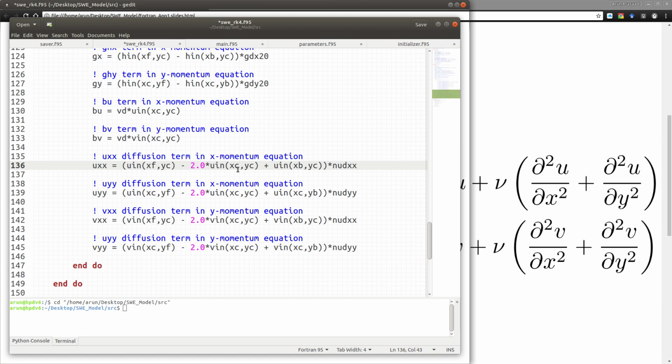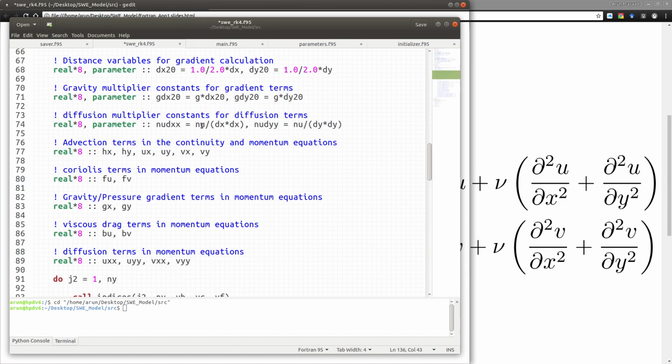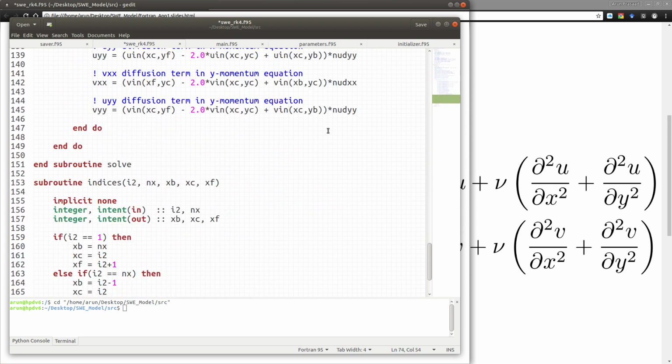Then you have to multiply this by the kinematic viscosity and divide it by dx squared. So the nu dxx term over here is actually the kinematic viscosity nu divided by dx squared. Similarly, the value over here, nu dyy, is the kinematic viscosity divided by dy times dy.